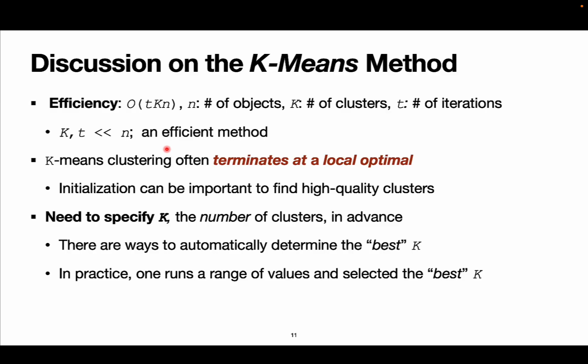One thing to keep in mind is that k-means often terminates in a local optimum. So depending on how the algorithm initializes the centroids, one might end up with different final clusters. That's why initialization is really important to find high quality clusters. Another thing, the algorithm needs to specify k, the number of clusters, in advance.